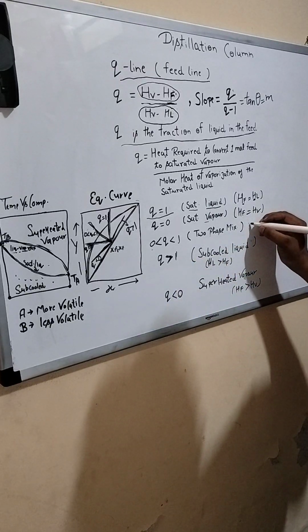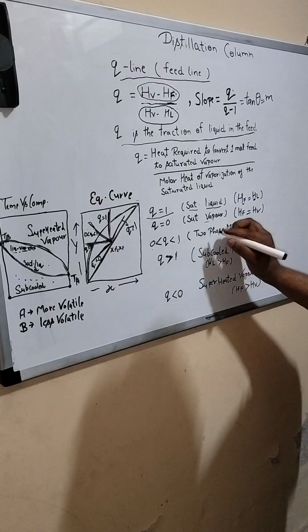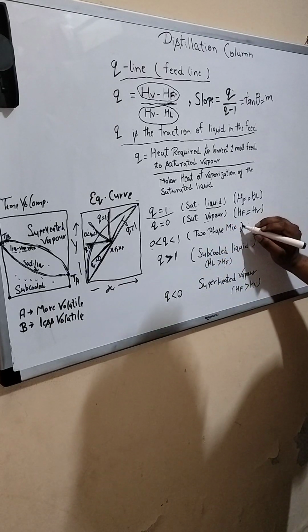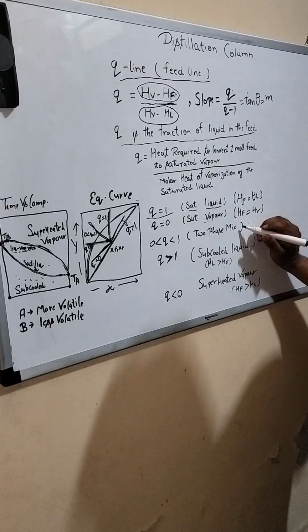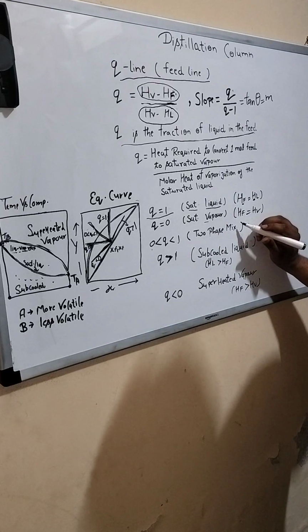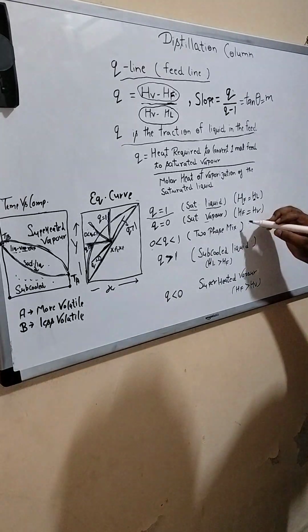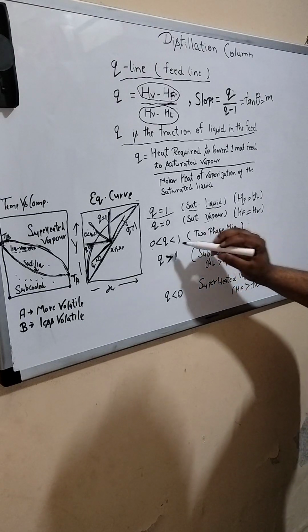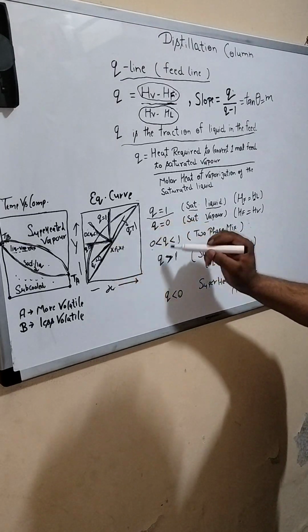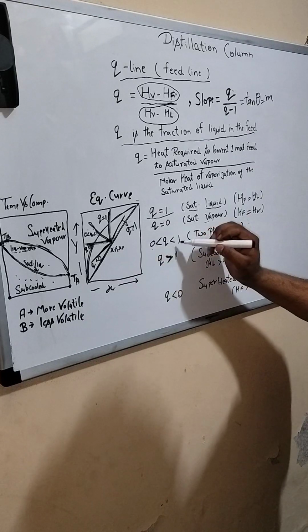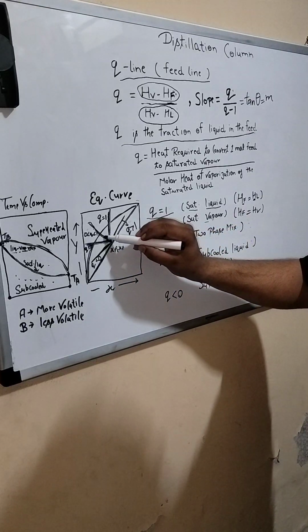In a two-phase mixture, vapor will be present and liquid will also be present. So when you draw the graph in the equilibrium curve, from 0 to 1, it will come like this.